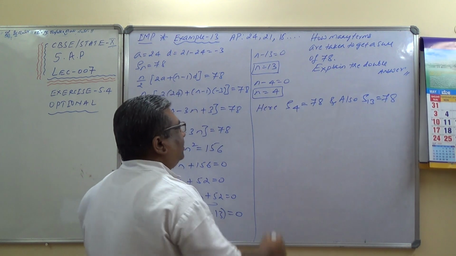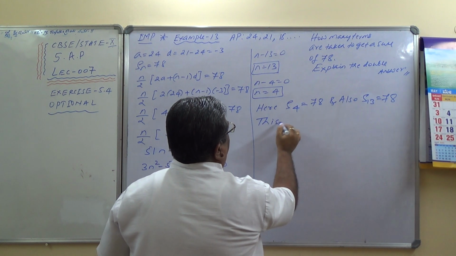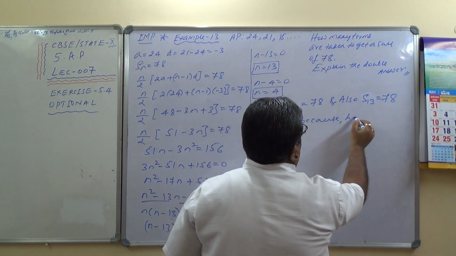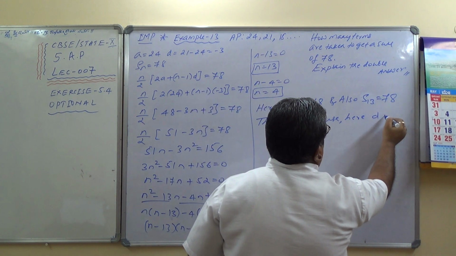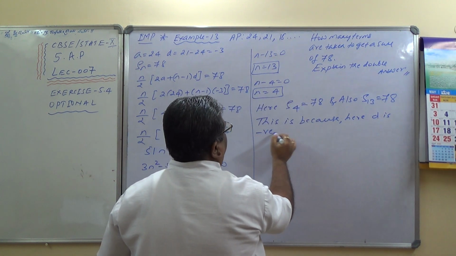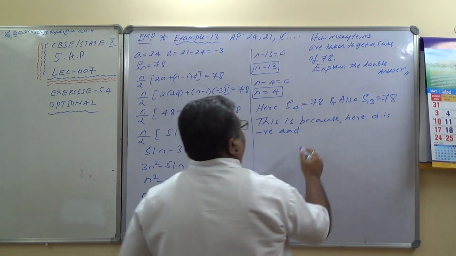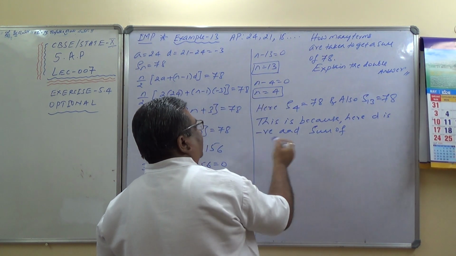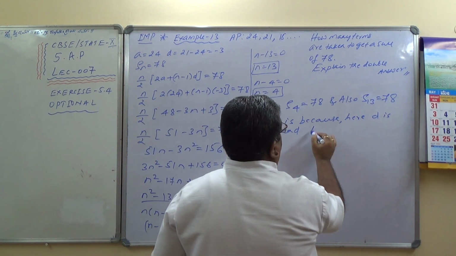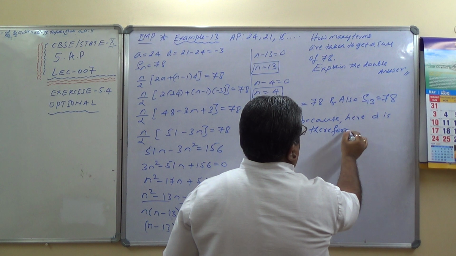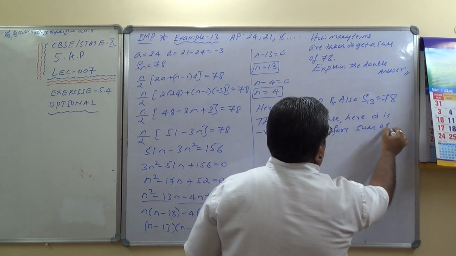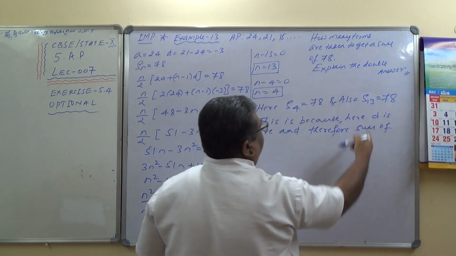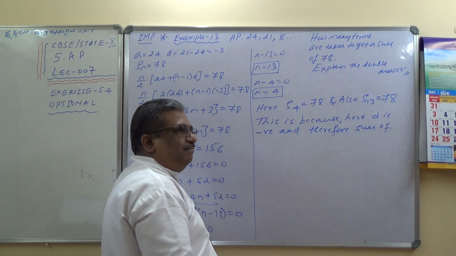Okay, this is because here D is negative and therefore sum of fifth term to 13th term is 0.